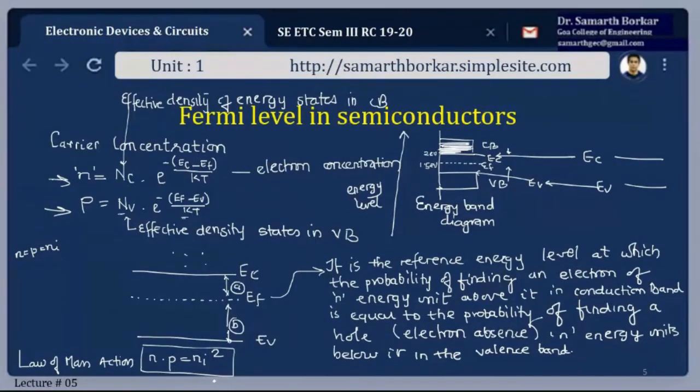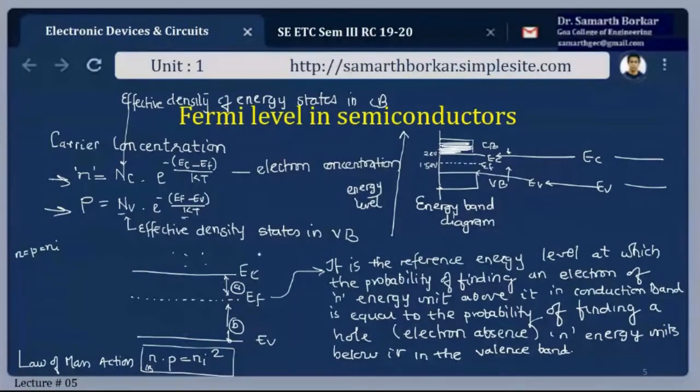So as we know, the relationship between the electron concentration in the conduction band and the hole concentration in the valence band is related by the mass action law. N is the number of electrons in the conduction band. P is the number of holes in the valence band. So here I have drawn the electrons in the conduction band, and there will be holes in the valence band.